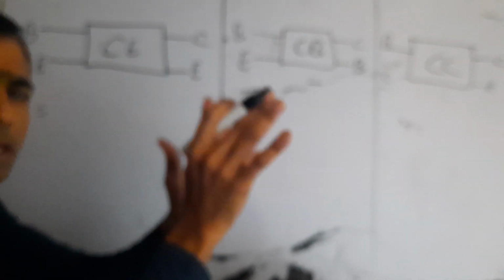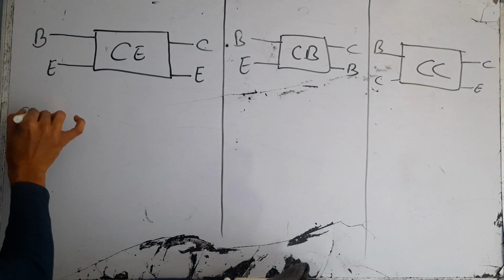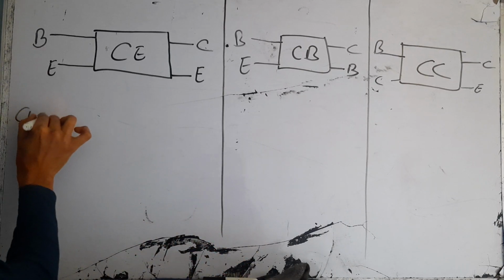Usually you say current gain, but for the formula, no need to learn alpha, beta and gamma. You can learn the formula. So what is the current gain? You can just add on current gain.